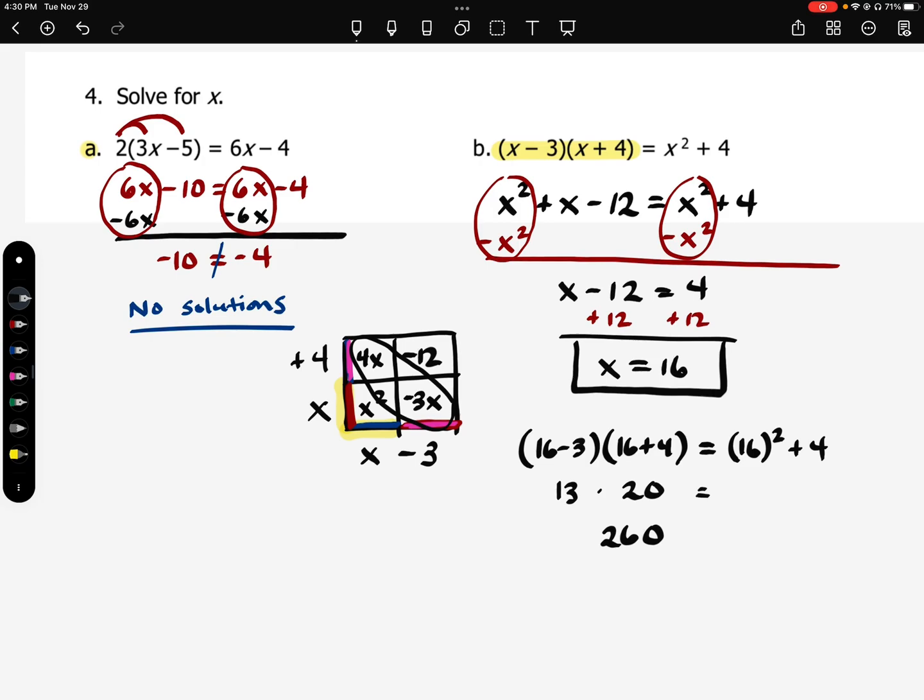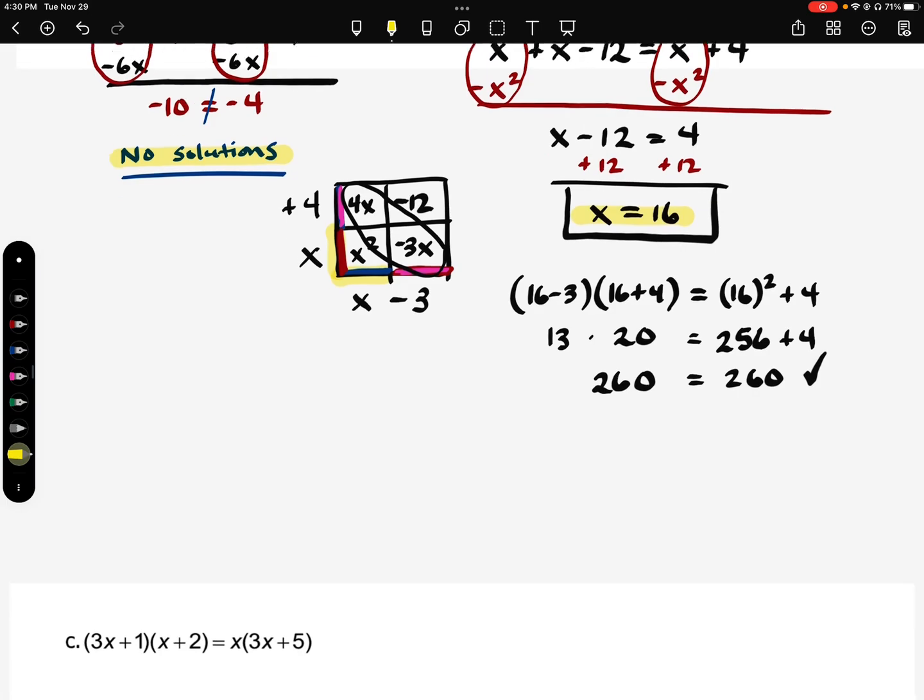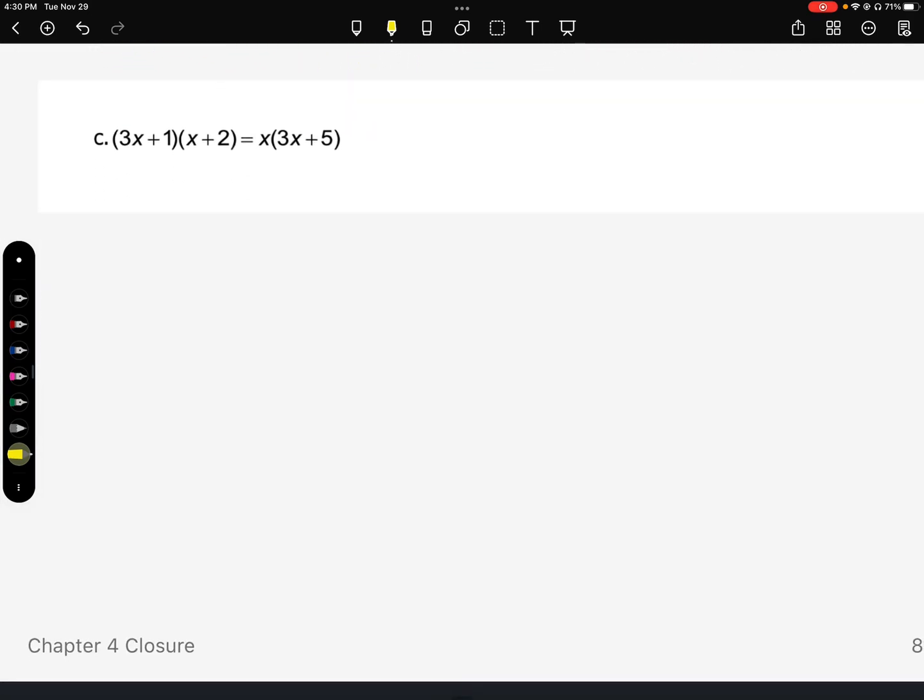And let's check on the right side. 16 squared is 256. And when we add 4, we also get 260. So it looks like it is all good. Our answer there is x equals 16. So letter A, no solutions. Letter B, x equals 16. And I think there is one more for us to do, letter C.